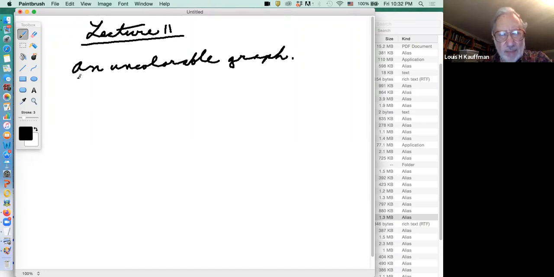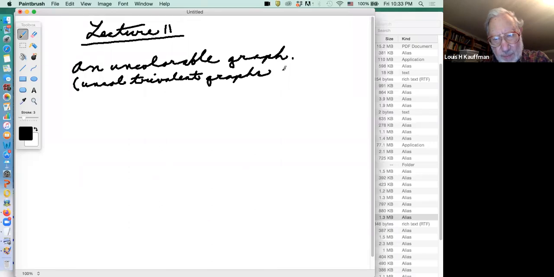By the way, uncolorable trivalent graphs, usually non-planar, are called snarks.